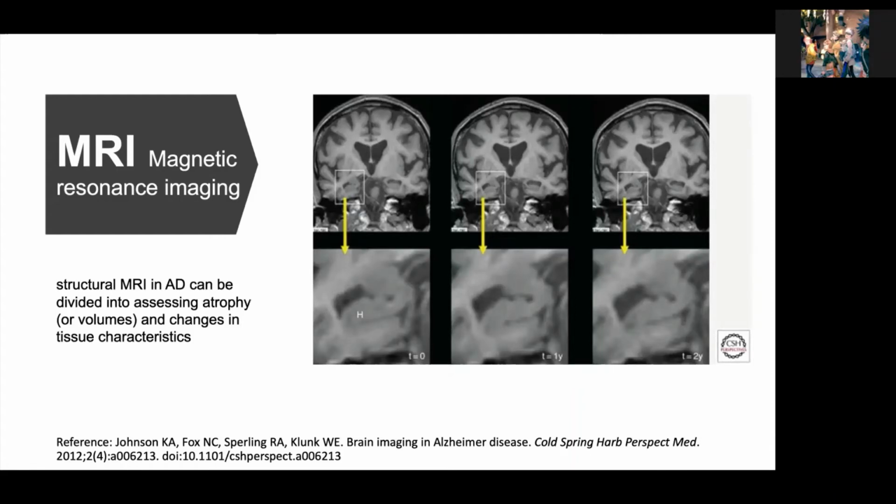But one of the shortcomings is that you cannot really differentiate the different neurodegenerative diseases, or the underlying molecular pathway or mechanism, if you do not do biomarkers.